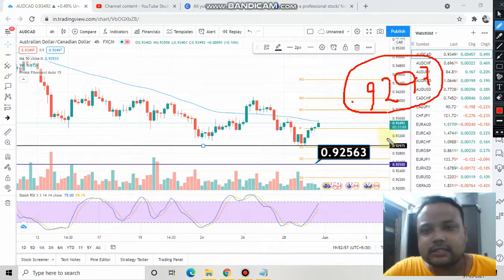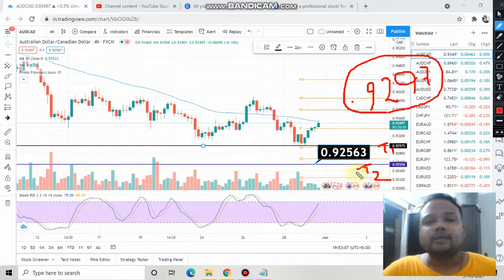In case market crosses this level, then you can target this level. This is your target 1 and this is your target 2, and you must exit by target 2. That's it. This is the analysis and strategy that you can follow for AUDCAD.